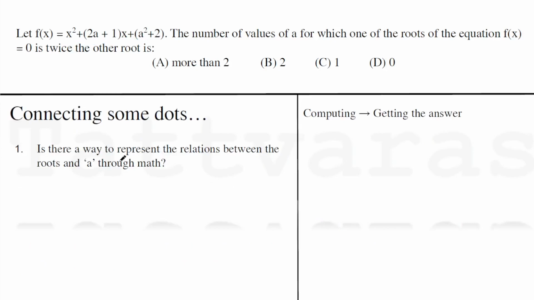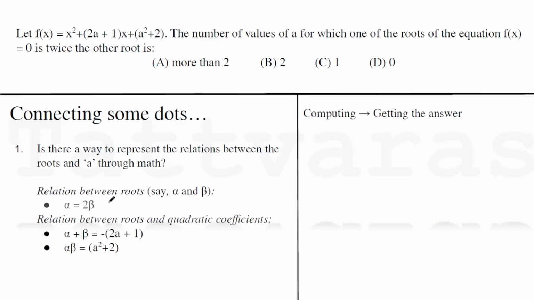Now, connect some dots. Can we express the given relationship in English, in math? Yes, we can. If one root is alpha, the other root can be beta, and we can have alpha as twice beta. One root is twice the other.